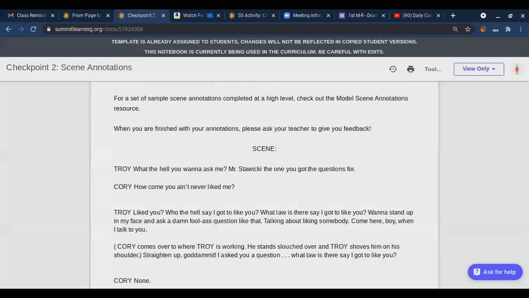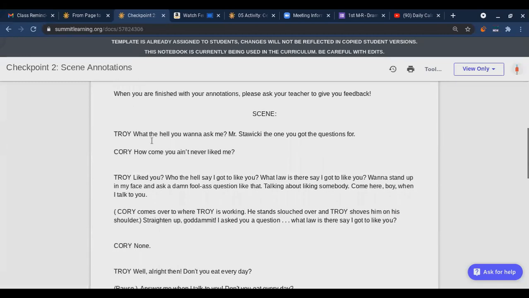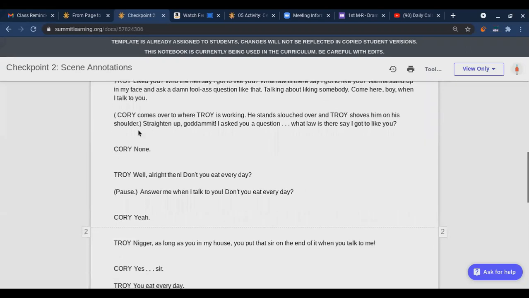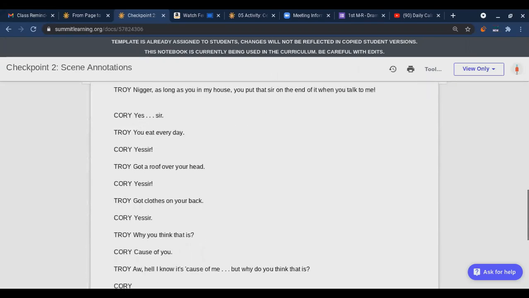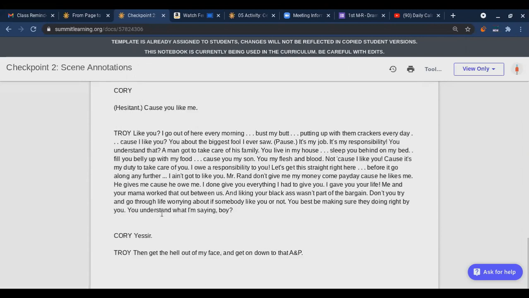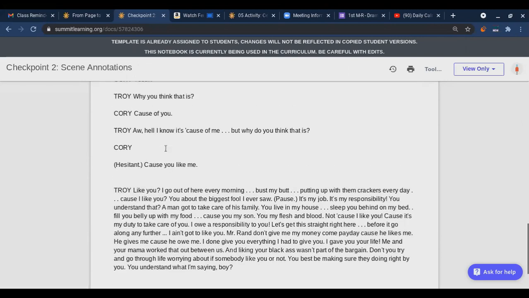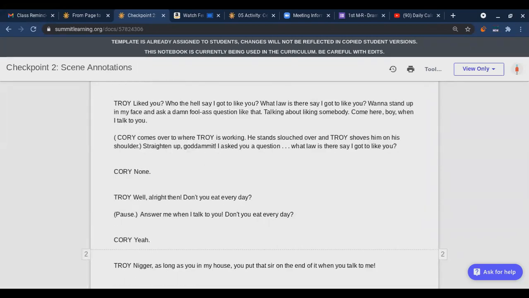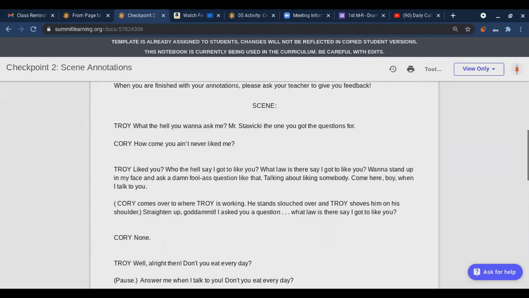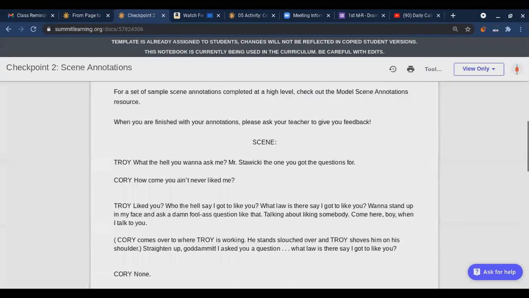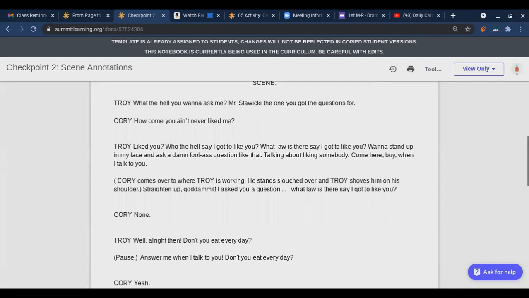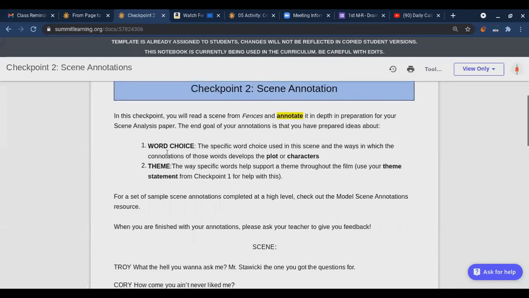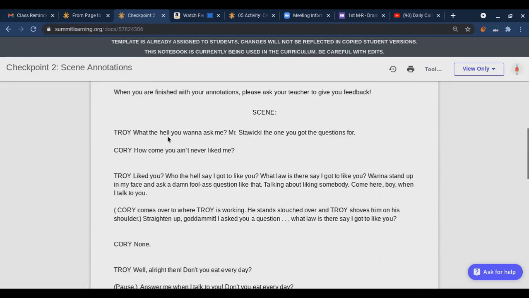What you're going to do here is read through the transcript of this scene, taken right from the text of August Wilson's play, which you'll notice is word for word what we hear in the movie, because Denzel Washington uses the exact same script that August Wilson wrote back in the 80s. As you read through this, you can annotate it for word choice that affects the plot or characters, or that helps to present the theme.